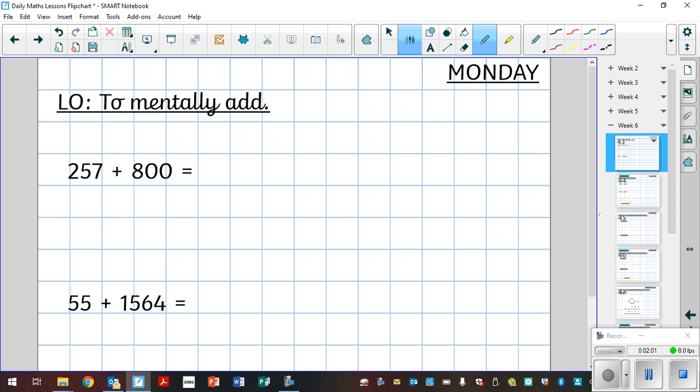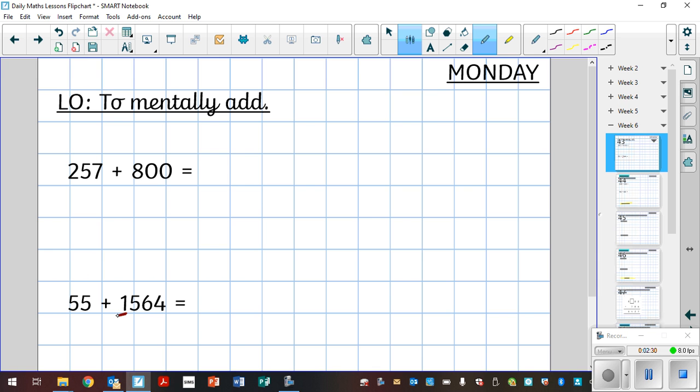What about 1,564 add 55? A little bit trickier than the last one, but if we look at particular place values, we could see some of them aren't going to change and some might. So if we take the 1,564 and think about the 55, I know that the 1,000 is going to stay the same because we're not adding anything more than 400 to the 500.